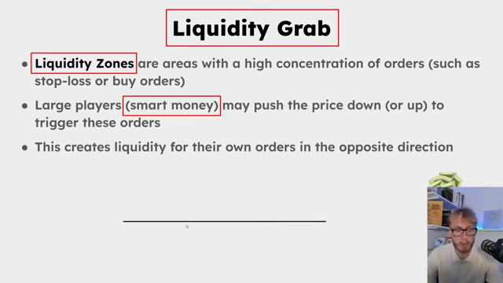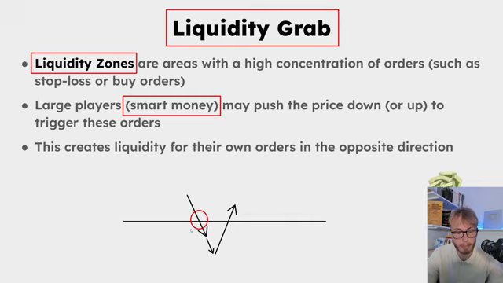And because we have a support level that is very clearly visible on the chart, it's likely that we have many stop loss orders placed just below this support. So smart money might push the price down in order to trigger these orders. This in turn will create more selling pressure, and smart money then uses the selling pressure to buy a lot at a cheap price. So this will in turn push the price up.